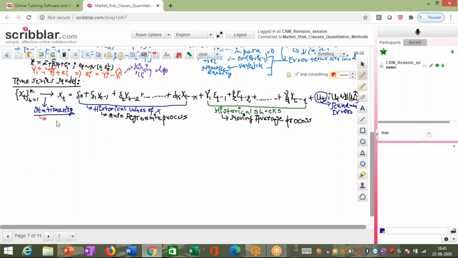In reality there will be certain ups and downs, but not a major up and down, right? So what we need to do is ensure that the mean more or less remains unchanged throughout.